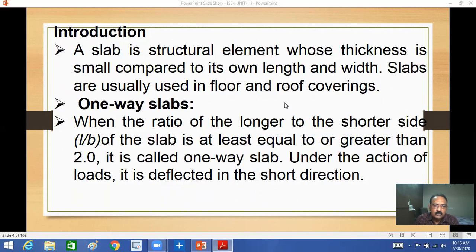How will the load transfer? When the ratio of longer span to shorter span, that is Ly by Lx, or of the slab, length by width, is at least equal to or greater than 2. I will repeat this many times, because this is one of the important points.